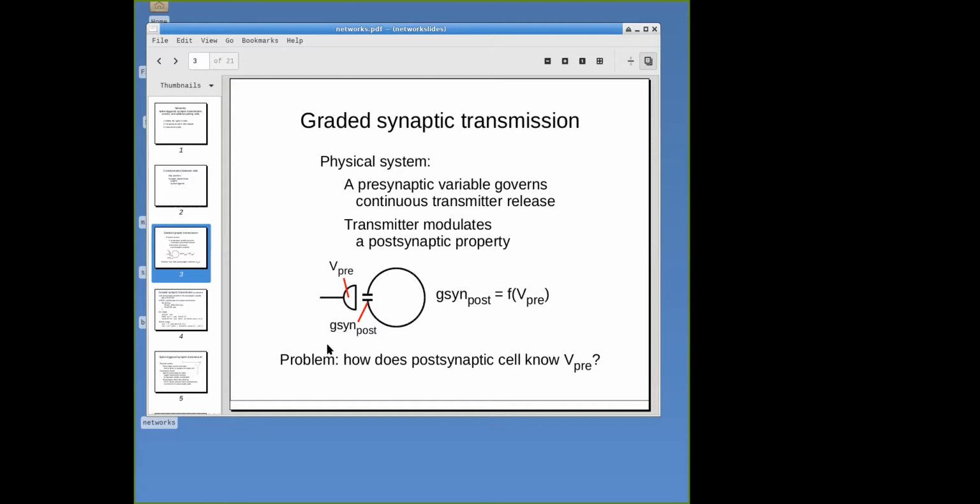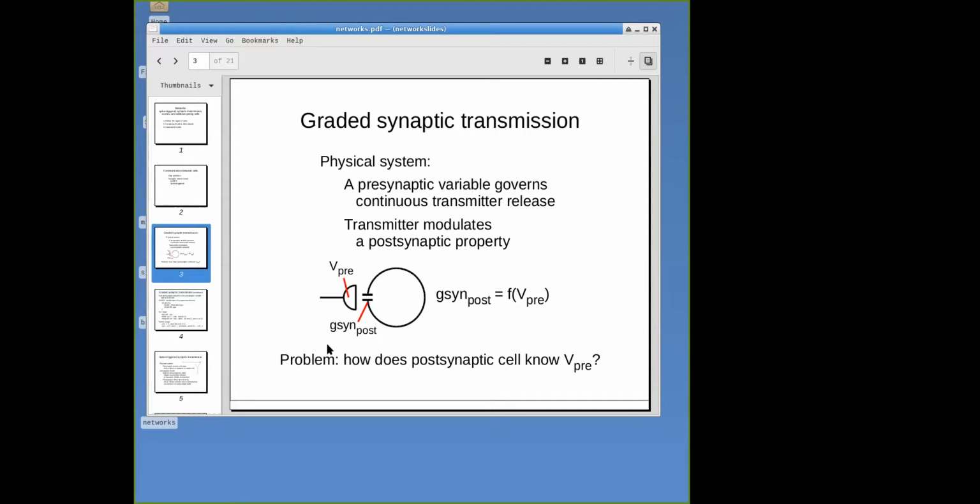But we can make a more abstract conceptual model of graded synaptic transmission in which the physical system consists of something presynaptic that has a variable that governs the continuous release of transmitter, and the transmitter somehow gets across the synaptic gap to receptors on the postsynaptic cell, where the transmitter, interacting with the receptors, modulates some postsynaptic property.